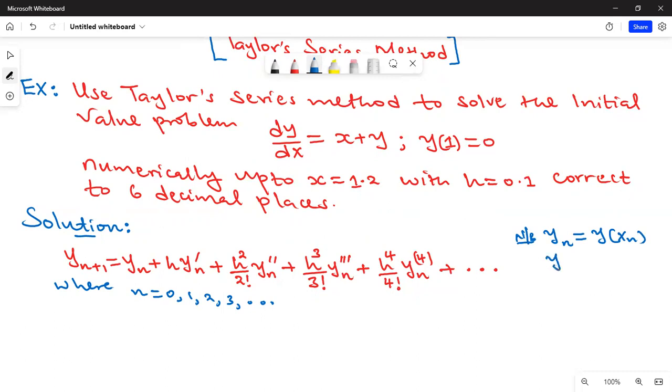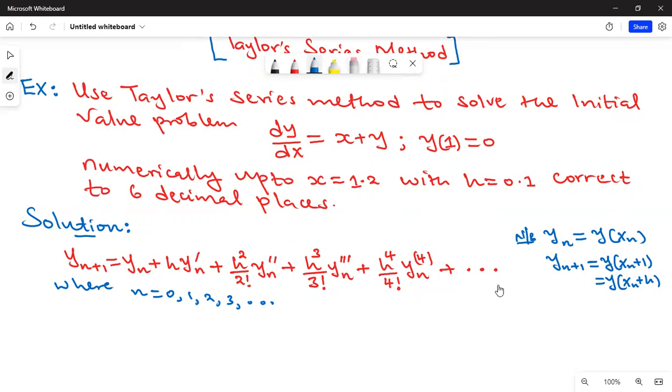When I write y_{n+1}, it is the same as y(x_{n+1}). And remember, x_{n+1} is the same as x_n + h.